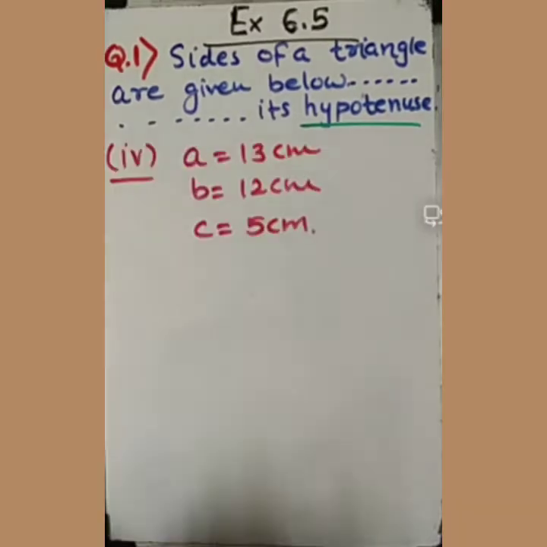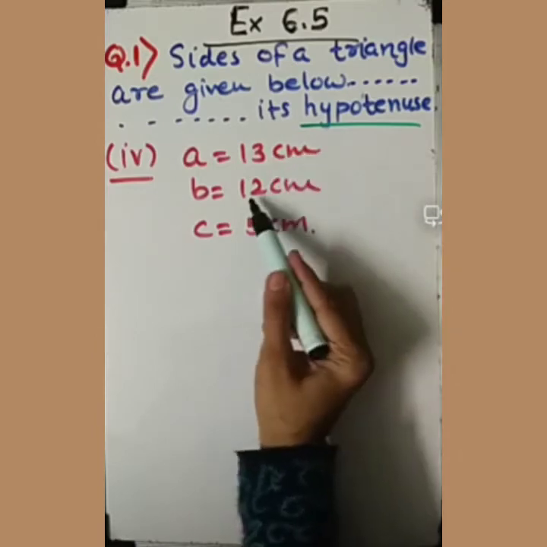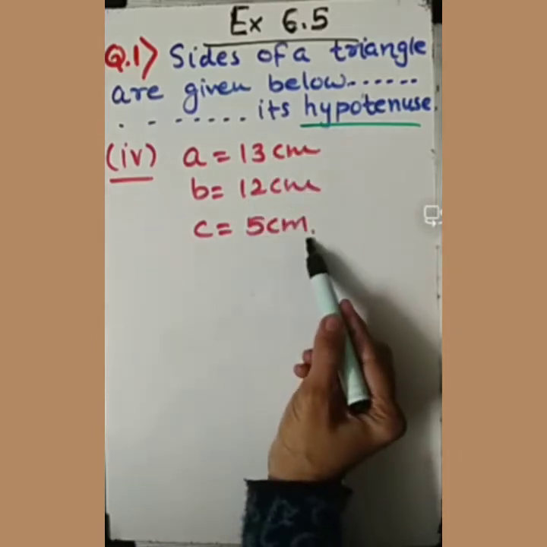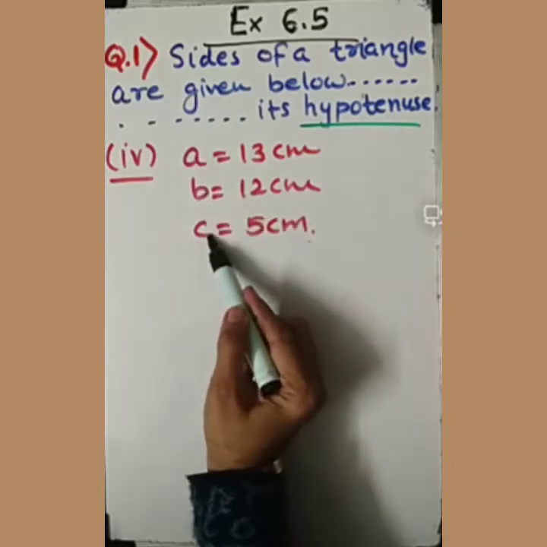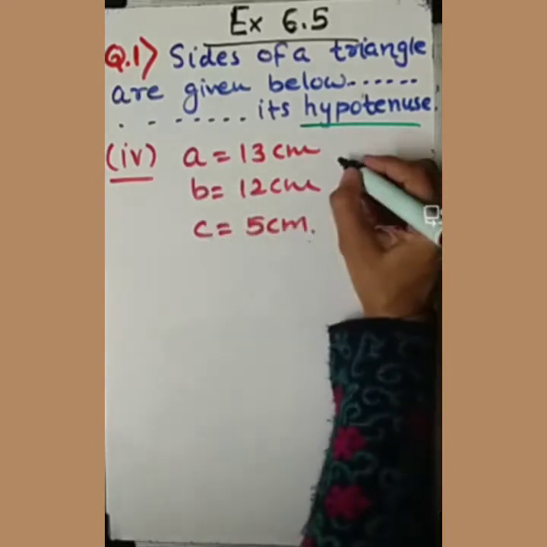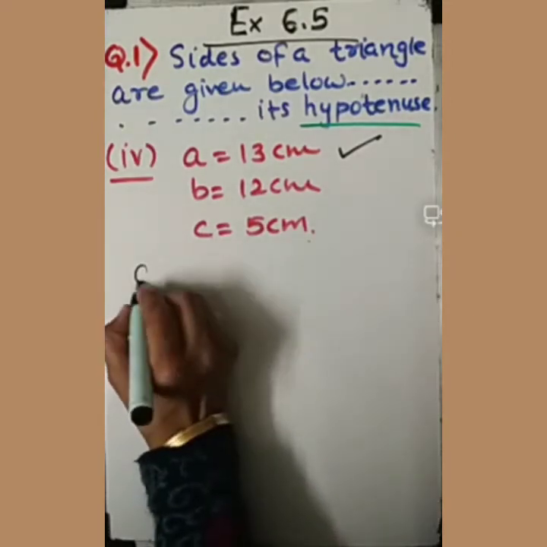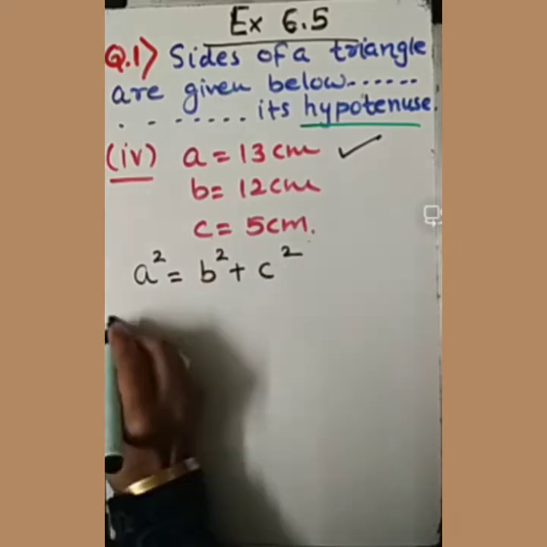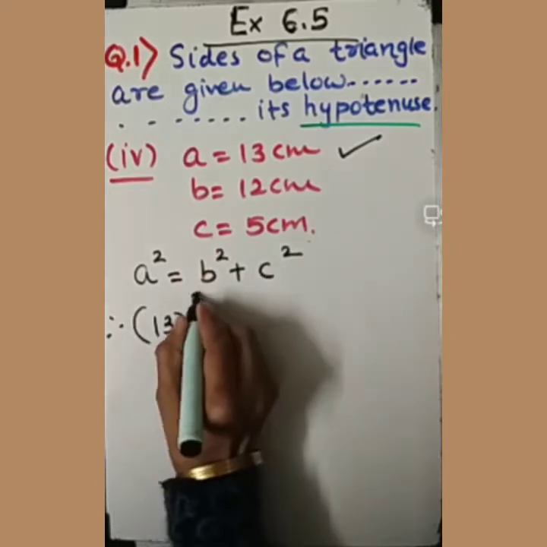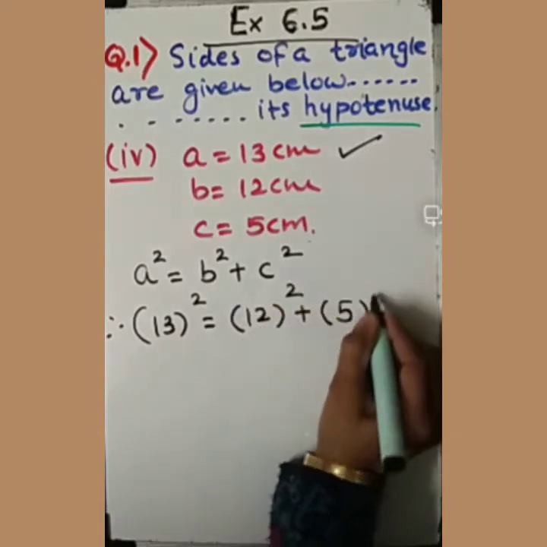Dear students, now we'll see question 1, the fourth part. Three sides are given: 13 centimeter, 12 centimeter and 5 centimeter. Let me denote all three sides with ABC, and out of these three sides, this side is the largest. So if I use the Pythagoras theorem, it will be like this: 13 square, 12 square and of course 5 square.